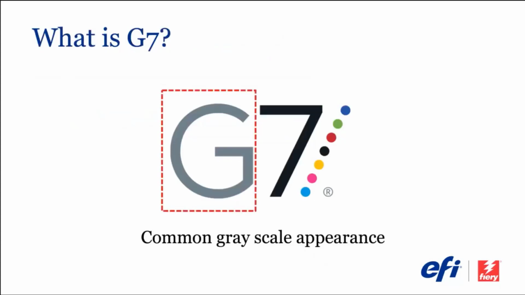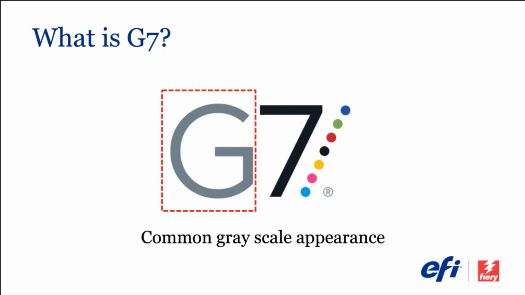You'll hear a lot of people talk about something called G7. And G7 is used quite a bit and misunderstood quite a bit. The G in G7 stands for gray balance. G7 was developed to try to help offset presses have a more pleasing visual appearance, a better visual color match from one press to the next.